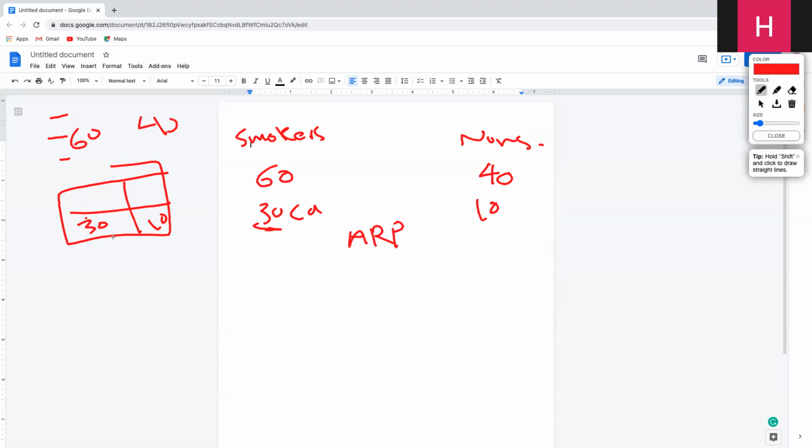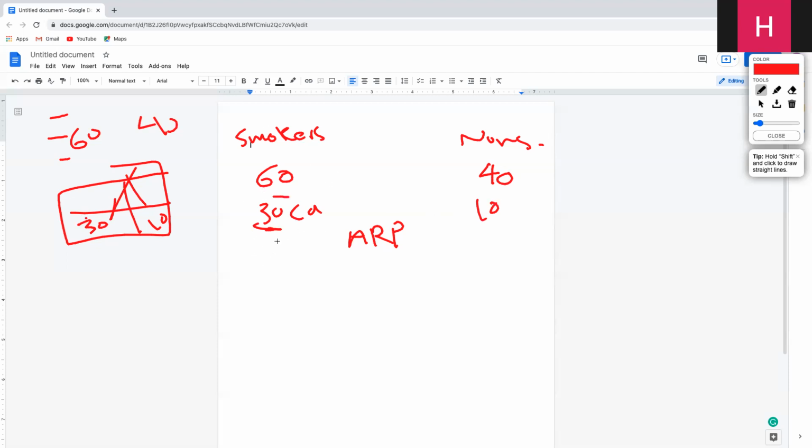So here they give you only how many people develop the outcome, which is the cancer. If they don't give you the risk right away, look for the denominator, because you have to calculate the individual risk first. So in a simple question, I have 60 smokers and 40 non-smokers.